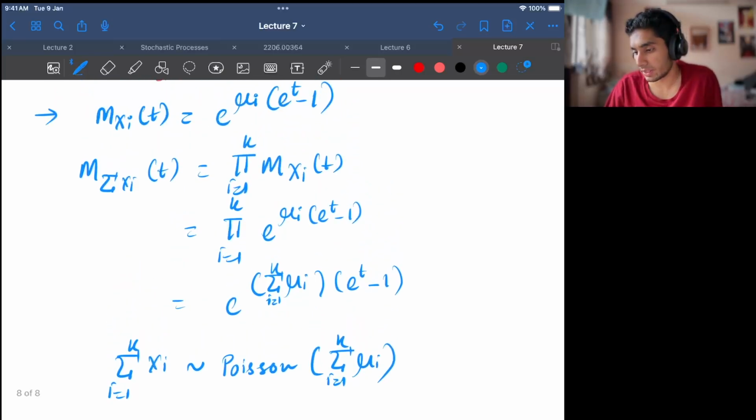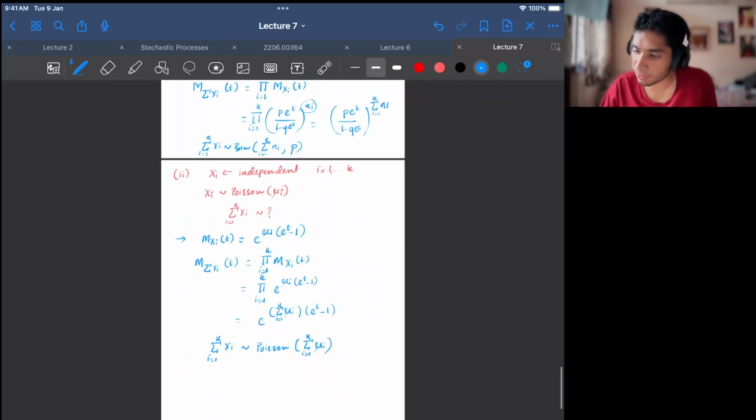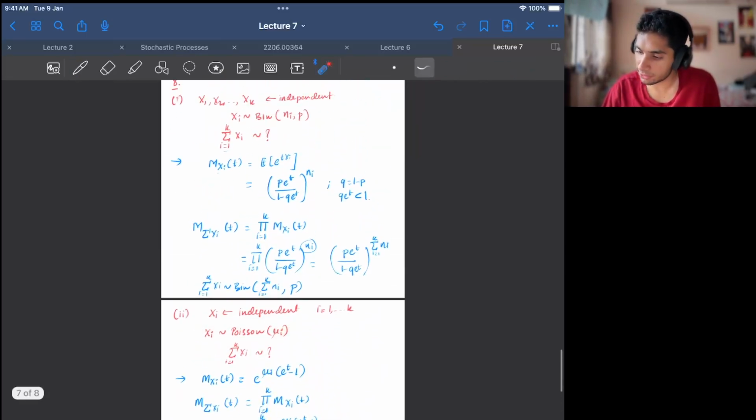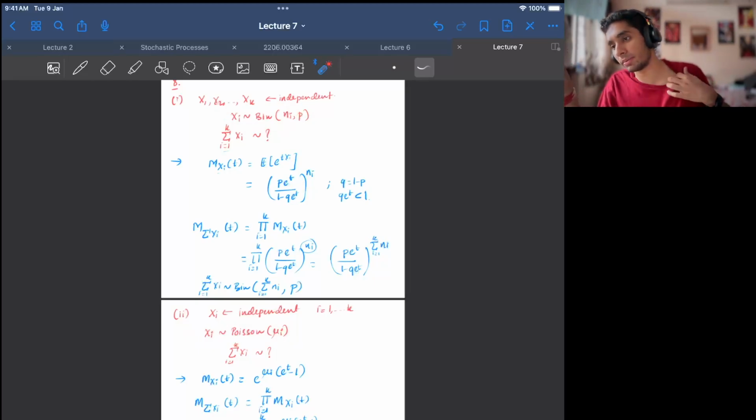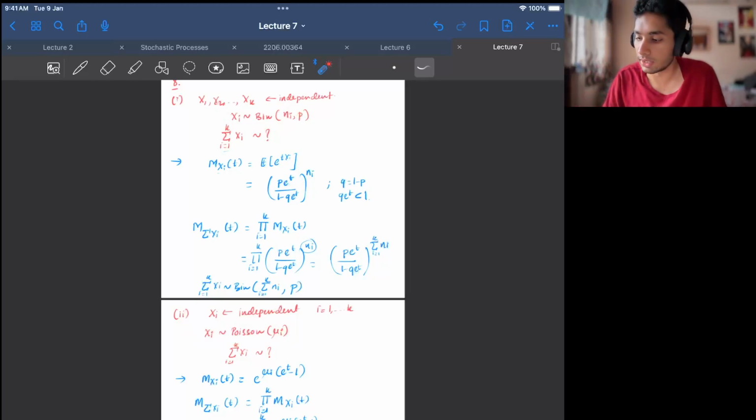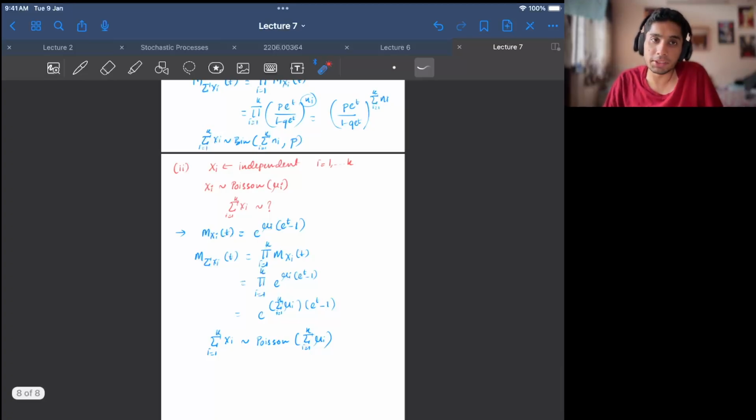So this is the result for Poisson distribution. Basically for binomial and Poisson, if you add a bunch of independent binomial random variables, the resultant random variable is again binomial. Similarly, if you add a bunch of independent Poisson random variables, the resulting distribution is again Poisson.